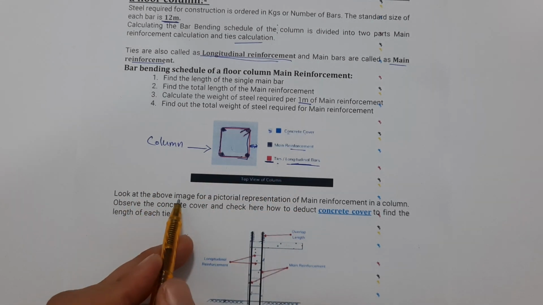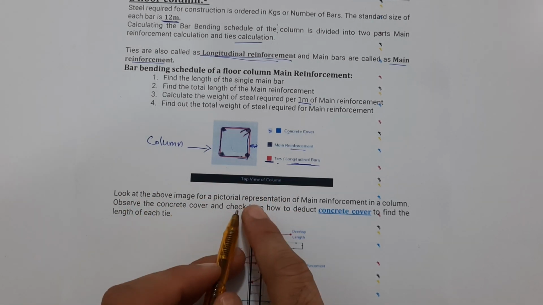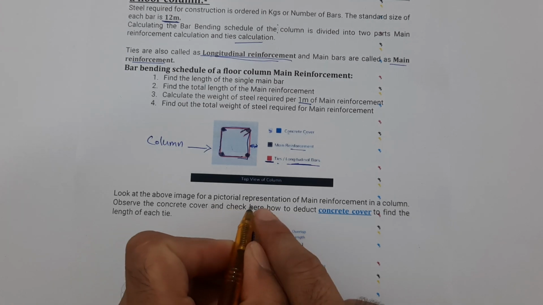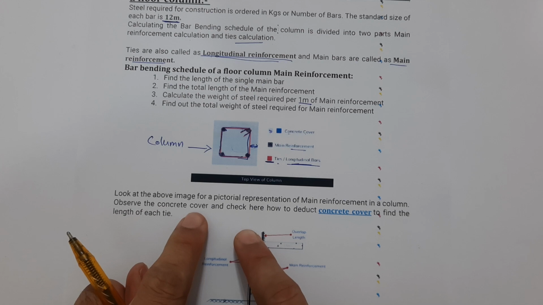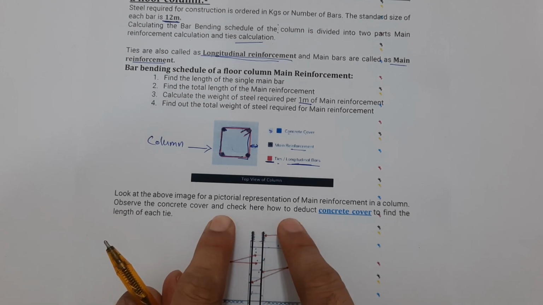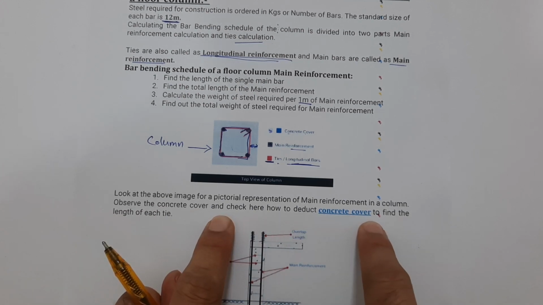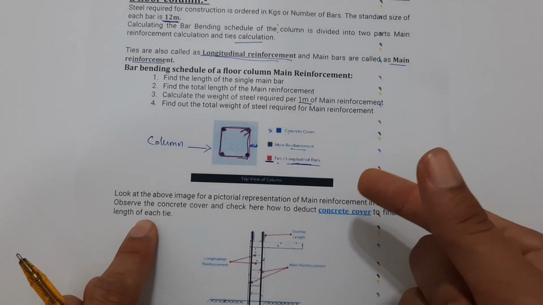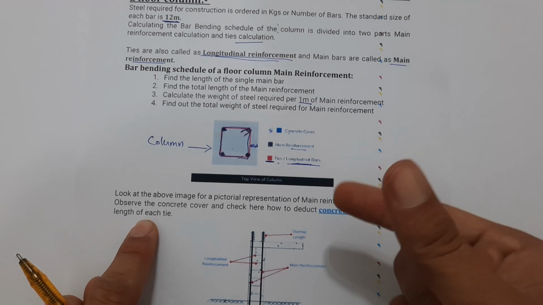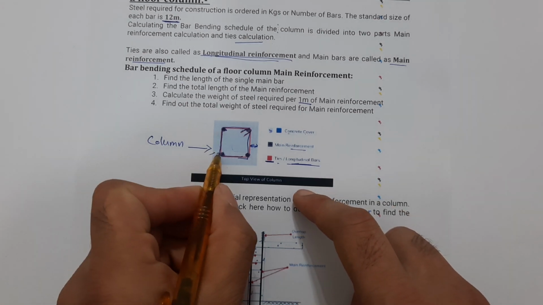Now guys, look at the above image of the pictorial presentation of main reinforcement in a column. Observe the concrete cover and check here how to deduct the concrete cover to find the length of each tie. When you want to find the length of ties, you will deduct the concrete cover.